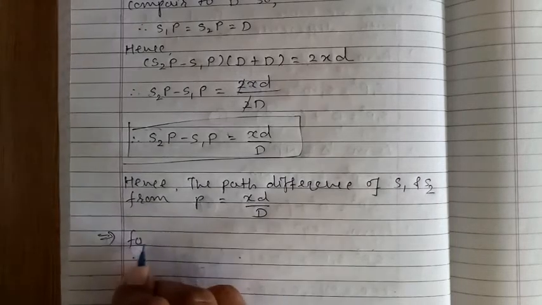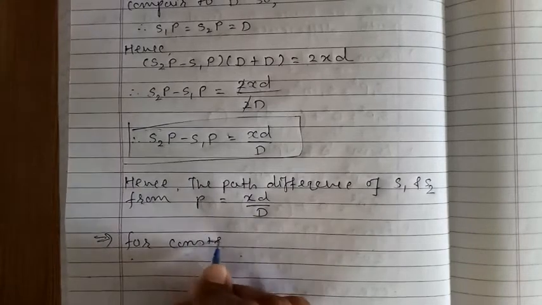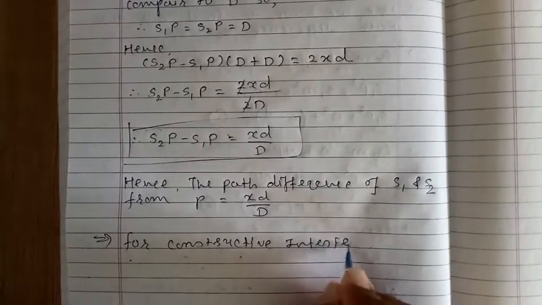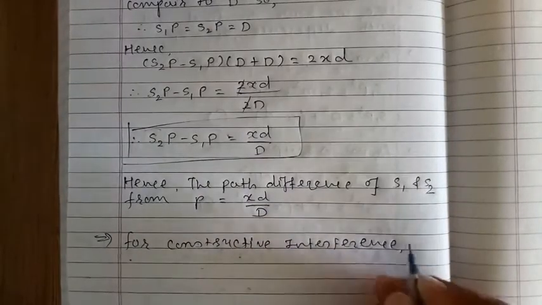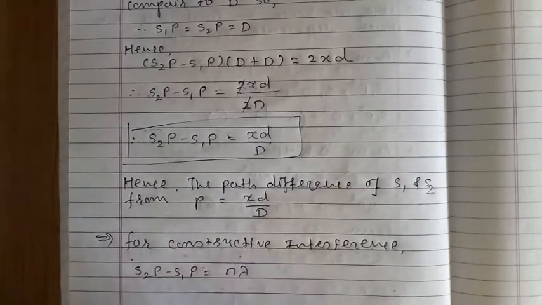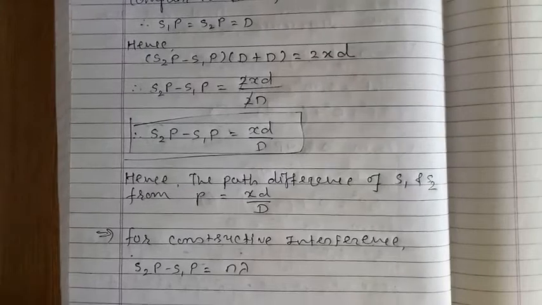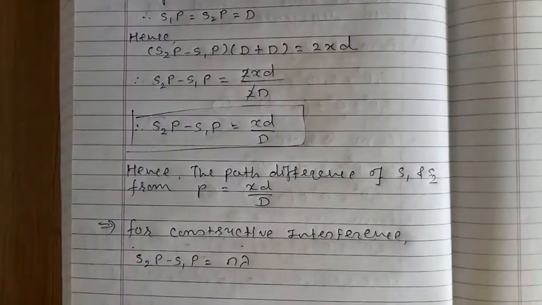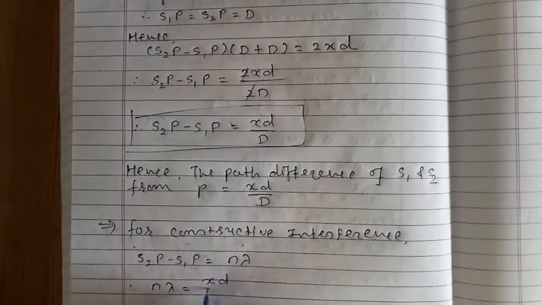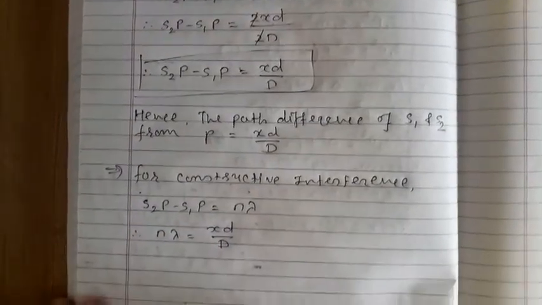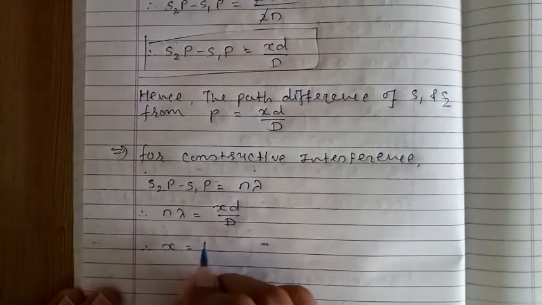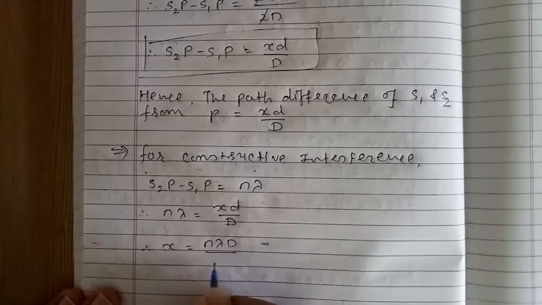So n lambda is equal to x into small d upon capital D, so x is equal to n lambda capital D upon small d.